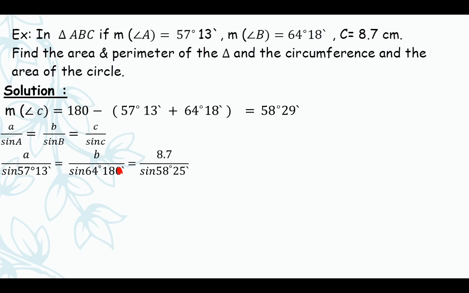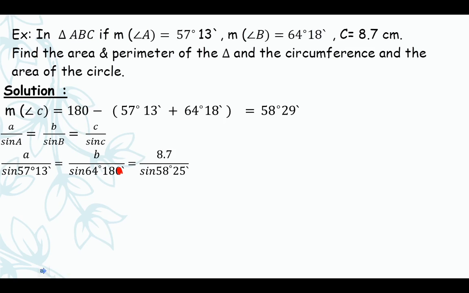Therefore, by using cross multiplication, B equals 8.7 multiplied by sine 64 degrees 18 minutes over sine 58 degrees 29 minutes. It will be 9.2 centimeter.